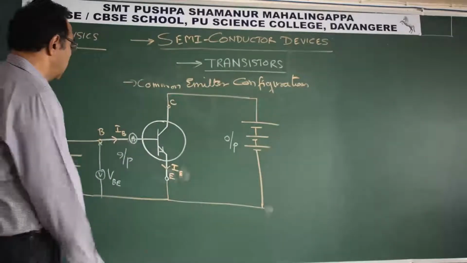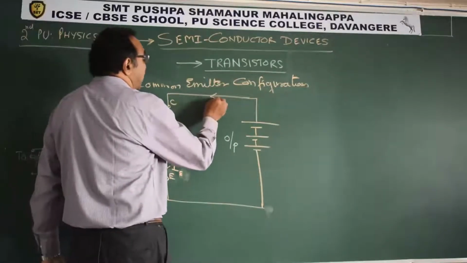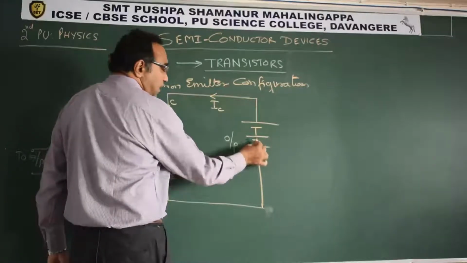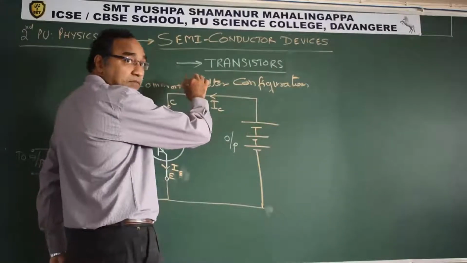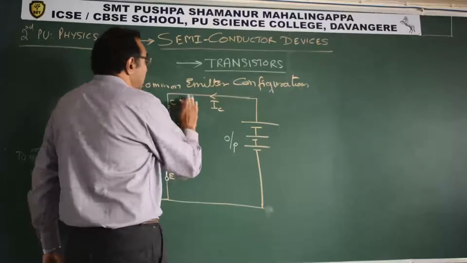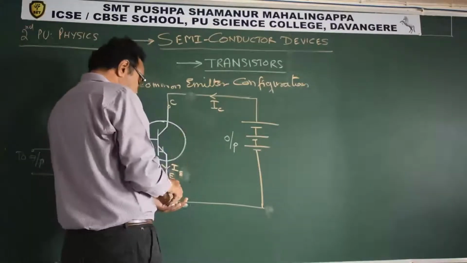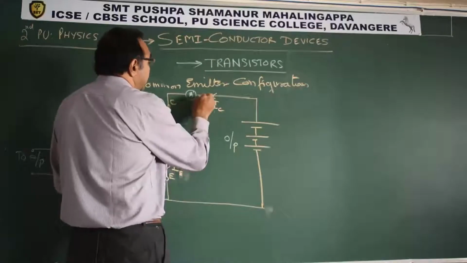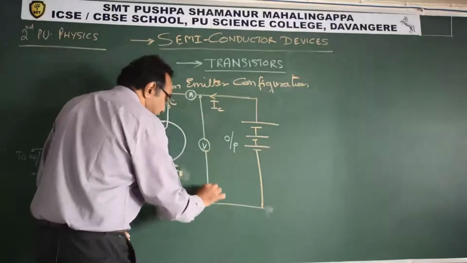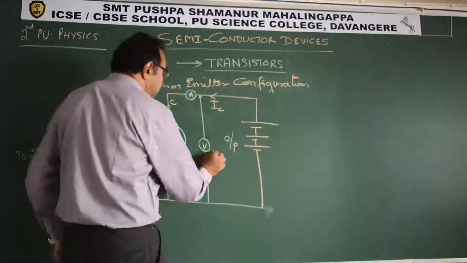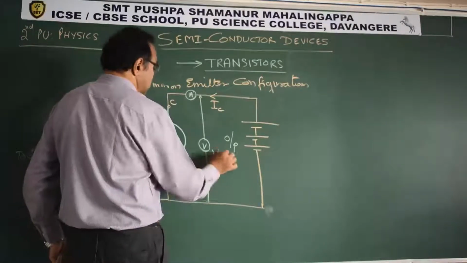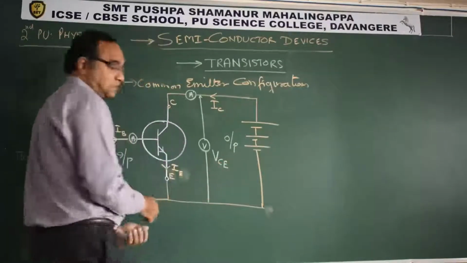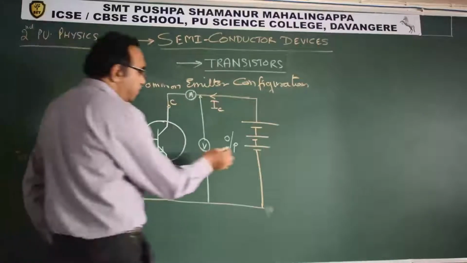So you will have IC in this direction. Positive current will come this way. So how will you measure current? You will place an ammeter here and you will have a voltmeter here. What will you measure? VCE. How will you draw the output?